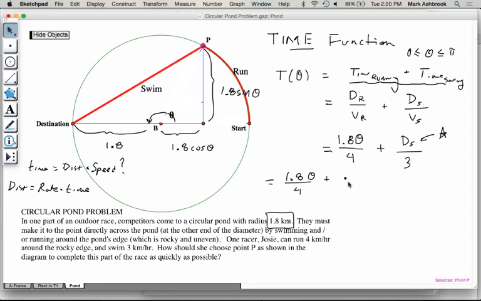It's going to be the square root of 1.8 sine theta squared plus 1.8 plus 1.8 cosine theta, all that squared. And all that under the square root.